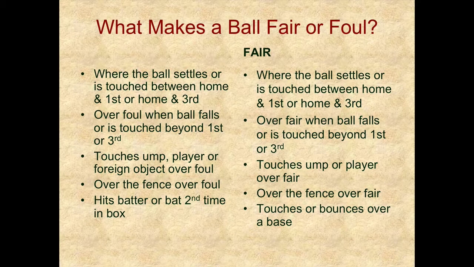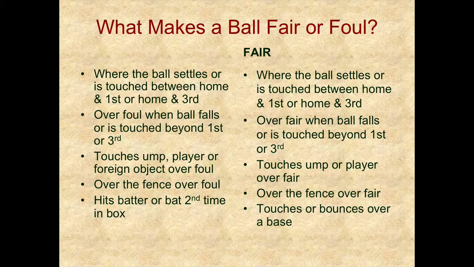It is a foul ball if the batter is hit with her own batted ball while she's still in the batter's box. It is also a foul ball if the batter hits her own batted ball a second time while the bat is in her hands and she is in the batter's box.